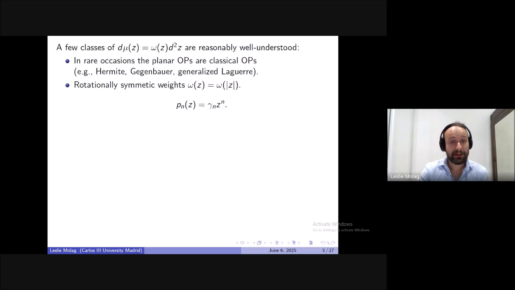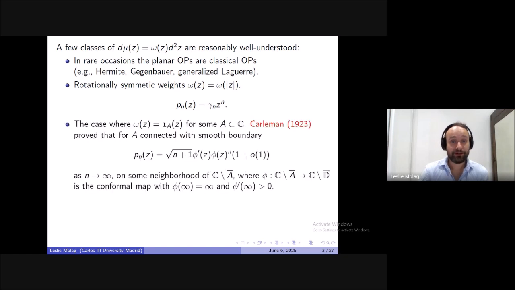But something a bit less trivial is what Carleman did. One of the first works on planar orthogonal polynomials, I think you could ascribe to Carleman.